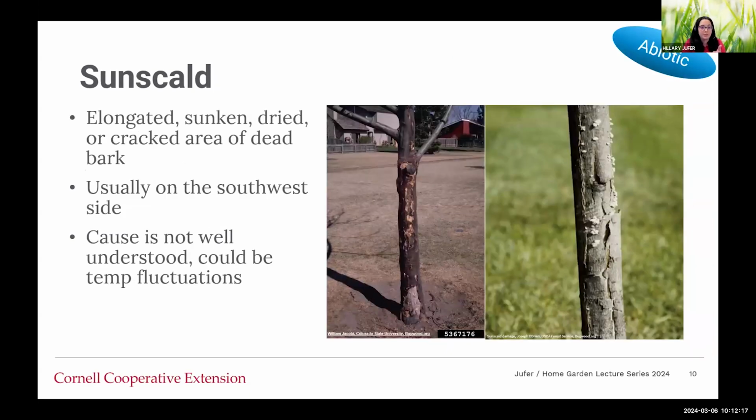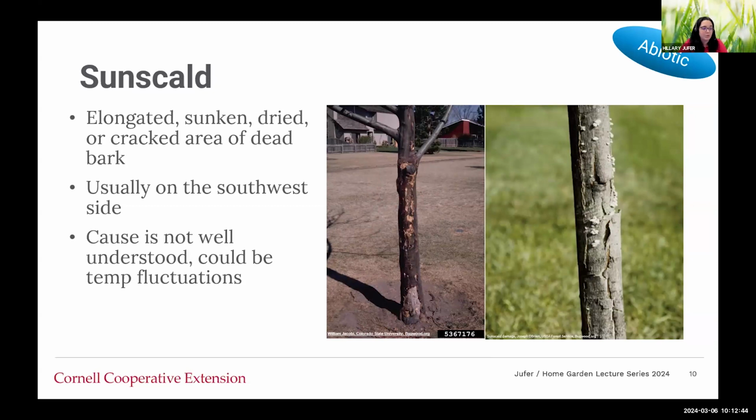So now that we've talked about the difference between abiotic, which is non-living, and biotic, which is living factors, let's go through some of the things that you might see from the winter. So sun scald is one of the possibilities that you'll see, and it looks like elongated, sunken, dried, or cracked areas of dead on the bark. So you can see it like right here and right here.